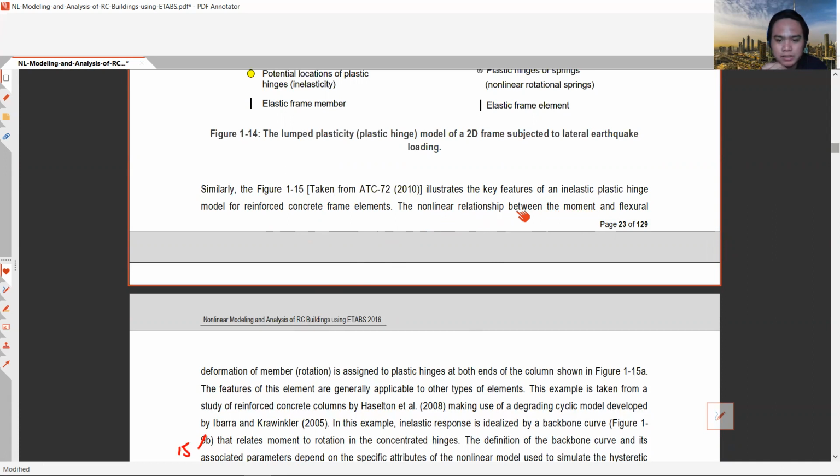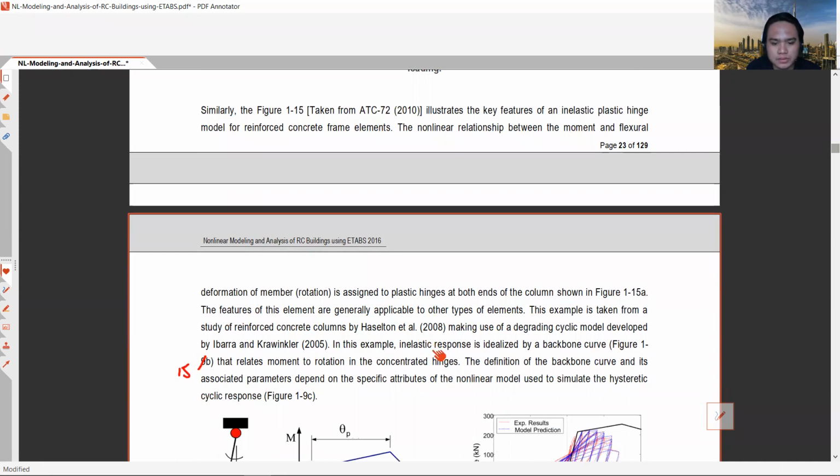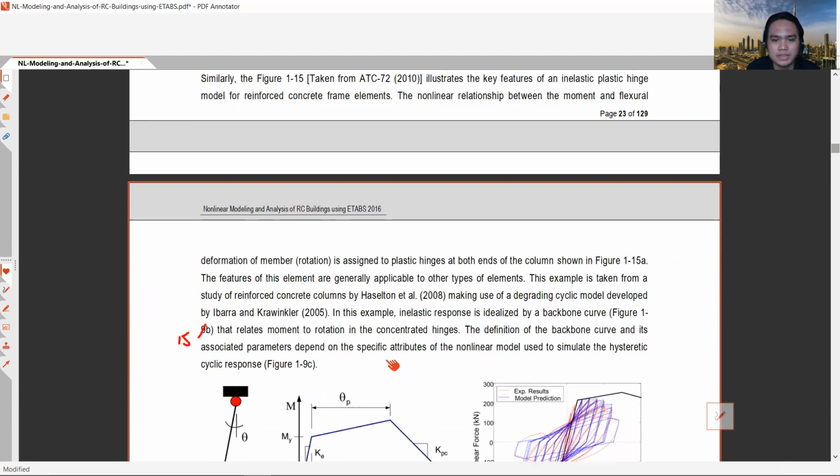So the nonlinear relationship between the moment and the flexural deformation of a member is assigned to plastic hinges at both ends. So the features of this element are generally applicable to other types. So okay, wala naman nabanggit. Binanggit lang naman dito ang key features daw, yung inelastic plastic hinge model in reinforced concrete frame elements.